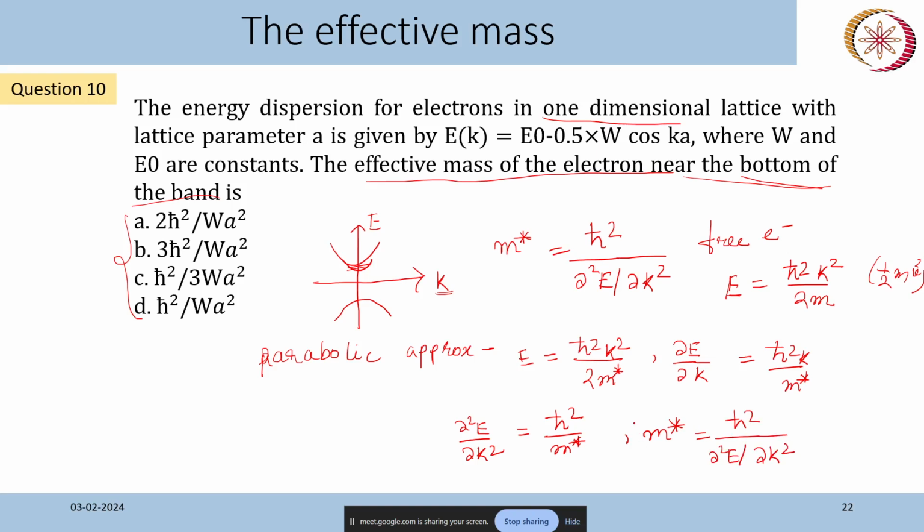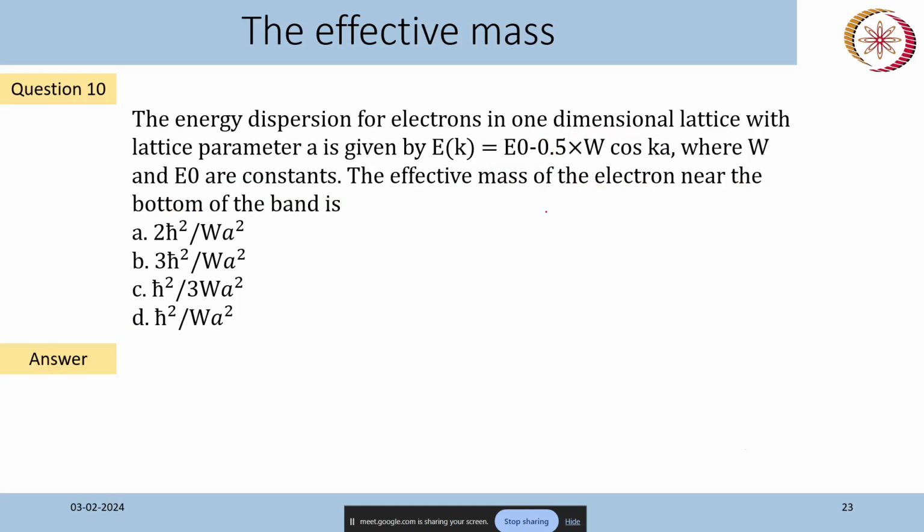Now remember this is true only here, not here, maybe if the band goes like this. So now we have the expression for effective mass. What is given? The EK relation is given like this. Go to the next slide.